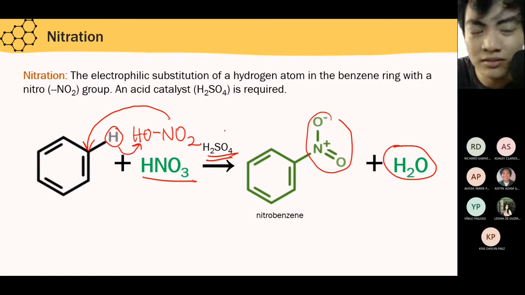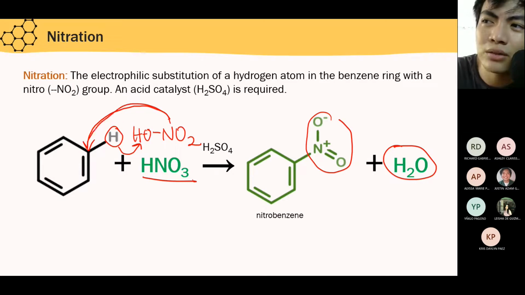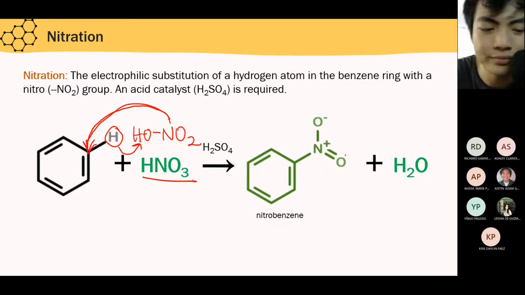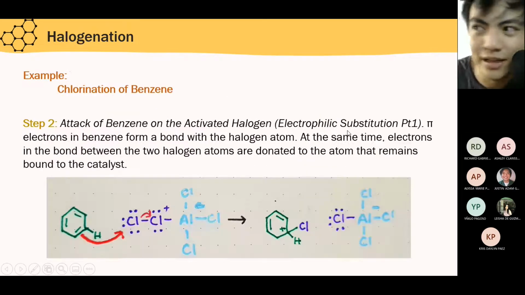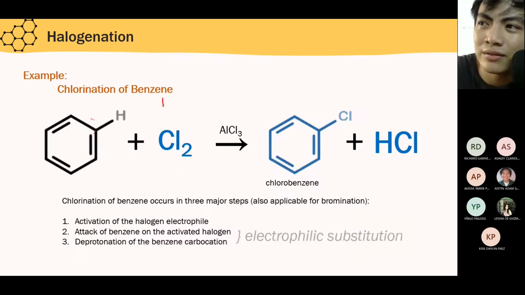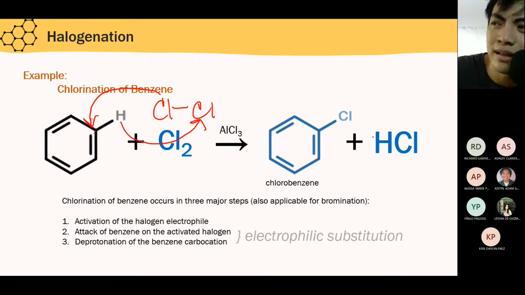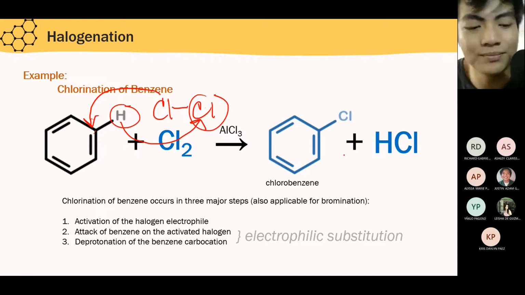Always kailangan yan. So, do not forget na kailangan siya. So yan, yung NO2 kakabit doon, yung HO, kukunin niya si hydrogen para maging water. Di ba mapapansin nyo, very analogous siya with this one? Yung Cl, yun yung kakabit doon, yung hydrogen kakabit dito. So, that's why we have chlorobenzene and the HCl. Ayun. So, ganun din dito.